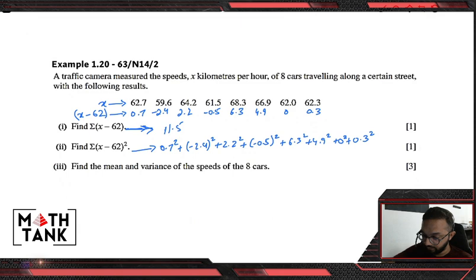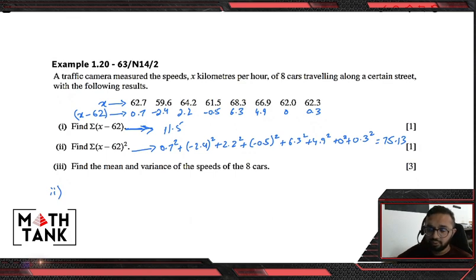You can't just square the sum, you have to square the individual values and then add them up. So I get 75.13.